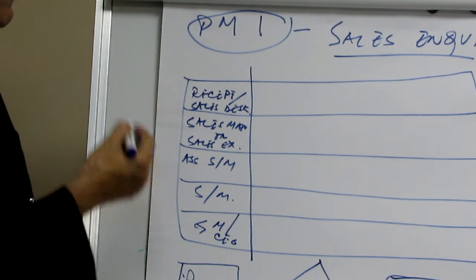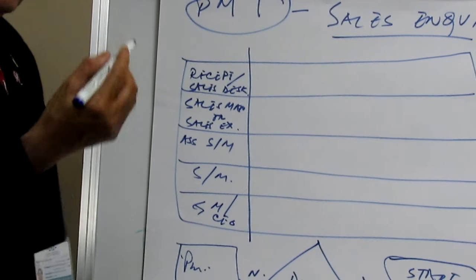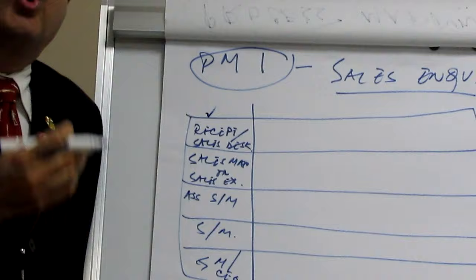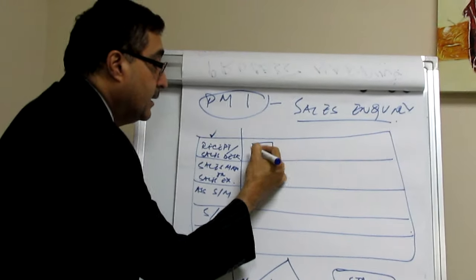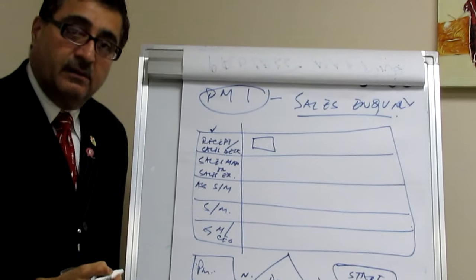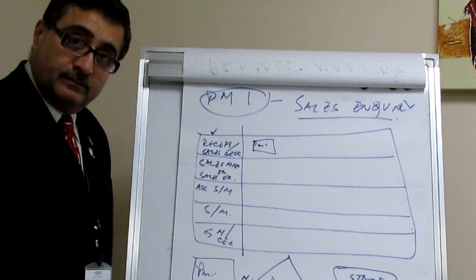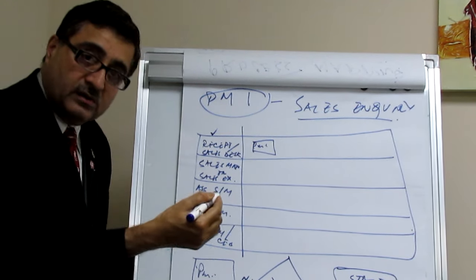Now, the first step in a sales inquiry process is that the receptionist receives a call from an external customer or a prospective customer. During the day, she is receiving multiple calls.